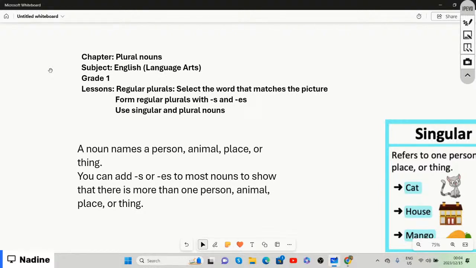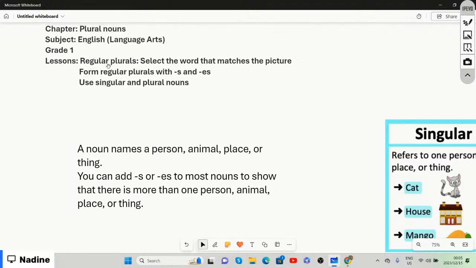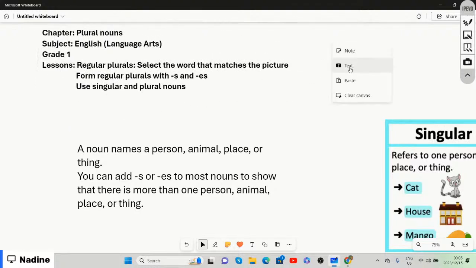We're going to form regular plurals with s and es. And we're going to use singular and plural nouns. So that is going to be our lessons, our tutorial lessons on aplusstudents.ca.